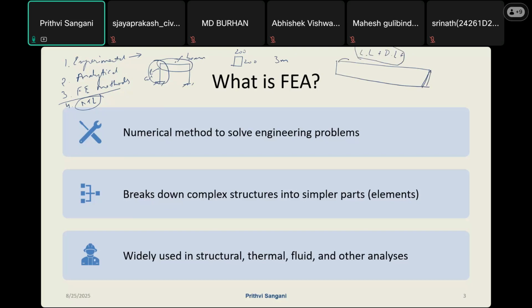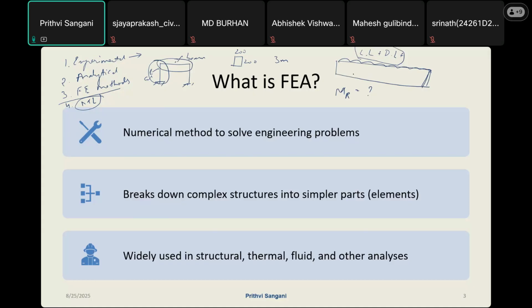You will load this entire beam and then check for its ultimate capacity. What is the ultimate capacity? It's the ultimate bending moment resistance. How much bending moment resistance does this beam have? You are actually casting everything and then testing it. That's an experimental method.